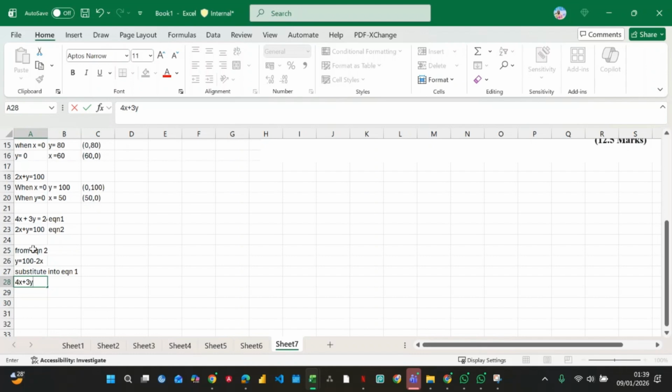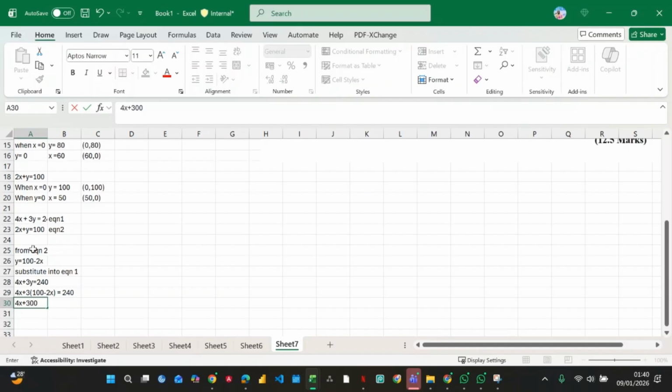Equation one is 4x plus 3y equals 240. So we say 4x plus 3 times (100 minus 2x) equals 240.